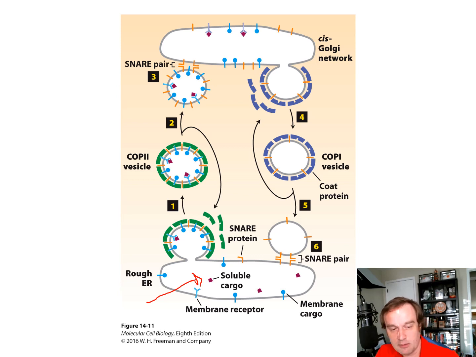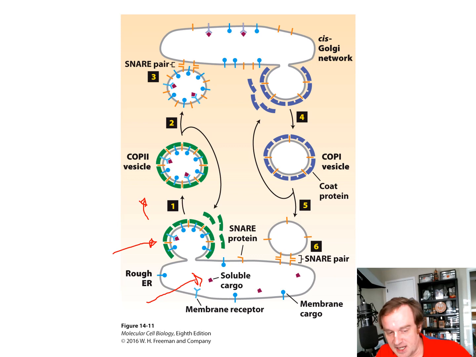And in step 1, the COP2 coat assembles on the ER membrane to form vesicles which contain those snares that we talked about, the trafficking snares, which are orange there, the membrane cargo proteins, which are blue, the soluble cargo proteins, which are magenta, and they're bound to the appropriate receptors for them in this budding membrane vesicle. And then the COP2-coated vesicle pinches off to be freed of the ER.